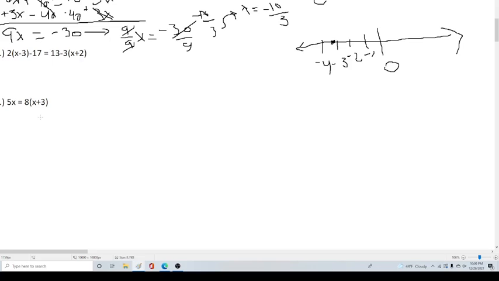Either way is correct. Me personally, I feel like it's the same amount of steps involved. So let's do this. Divide. So actually, let's not divide. Let's do the distributive property this time around.